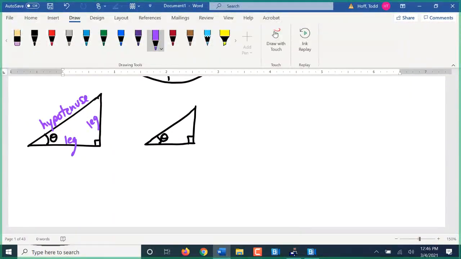But we need to differentiate between the two legs. So the leg that touches or is next to the right angle is called the adjacent leg. And the leg that is across from or opposite the right angle is called the opposite leg.